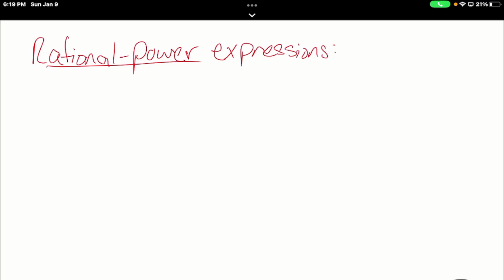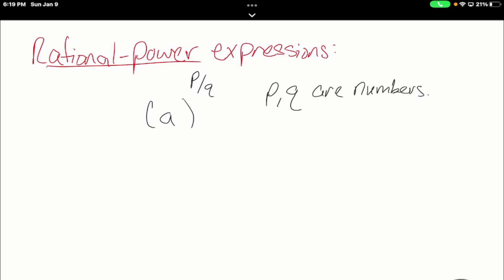A rational power expression is basically just that. It's an expression, I'm just going to have it as A, that has a power that is a ratio. I'm going to write it as P over Q. P and Q are numbers. Specifically, they're natural numbers, but just for the sake of argument, they're just numbers.